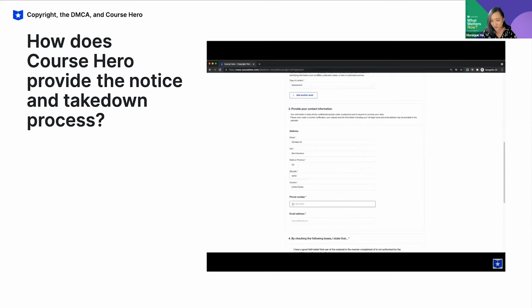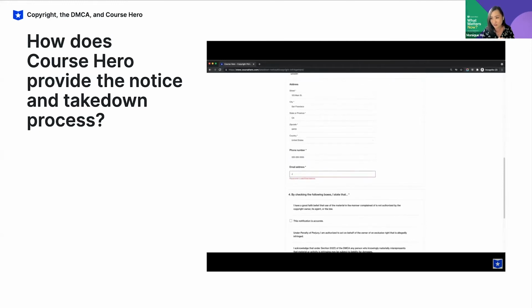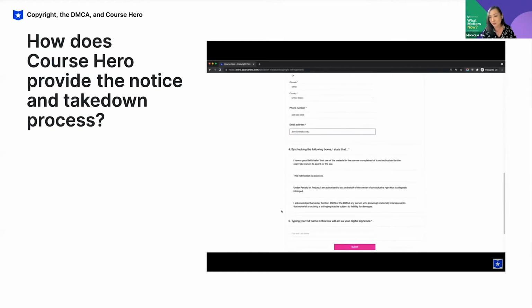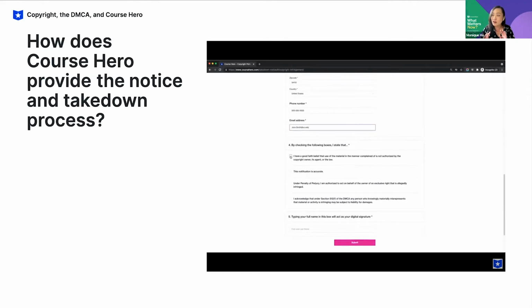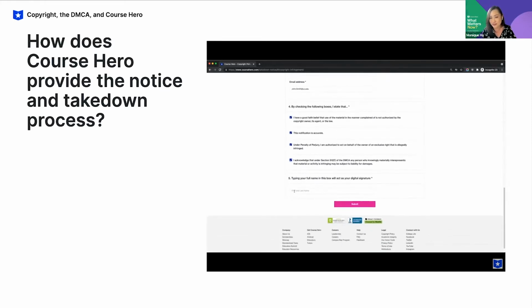Provide your contact information, so again, we can reach out to you if we had questions. It is also important because we will notify the uploader, the person who added this material in the first place, that there is a takedown notice and who has submitted that takedown notice. And that's important because, one, it's compliant with DMCA, but it also allows the uploader to say, well, wait a minute, actually I have permission from this person because I licensed it from them, or I actually am their employer and I have the right to upload this information in the first place.